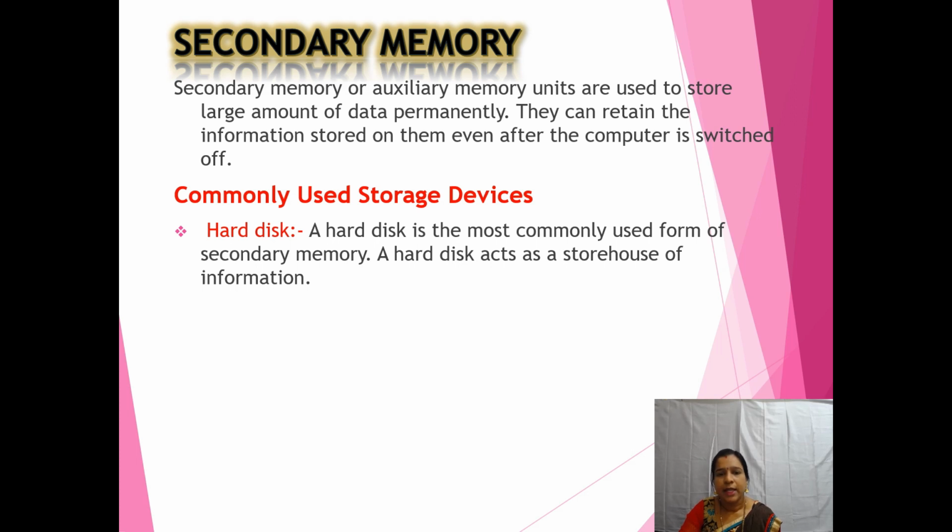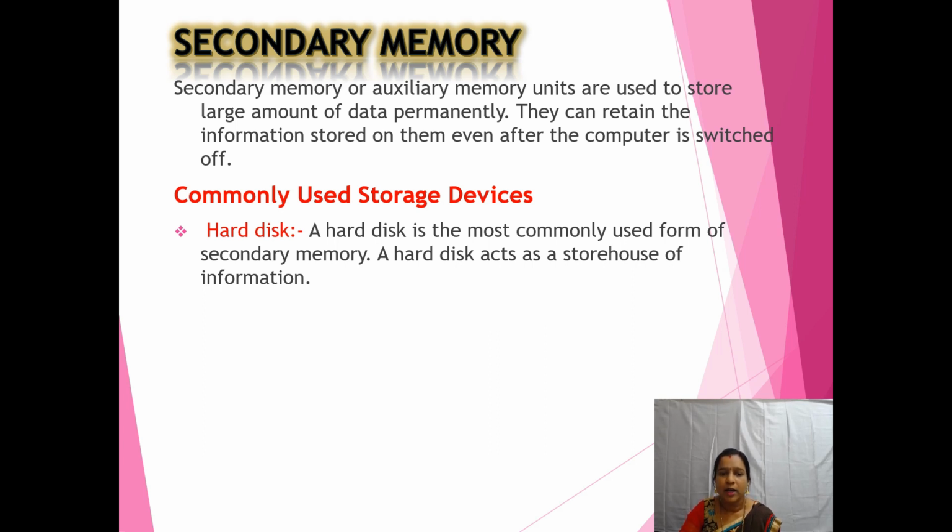First, secondary memory, or auxiliary memory, units are used to store large amounts of data permanently. They can retain the information stored on them even after the computer is switched off. We store data in our computer memory or in different types of devices, and we will come to know the commonly used devices.